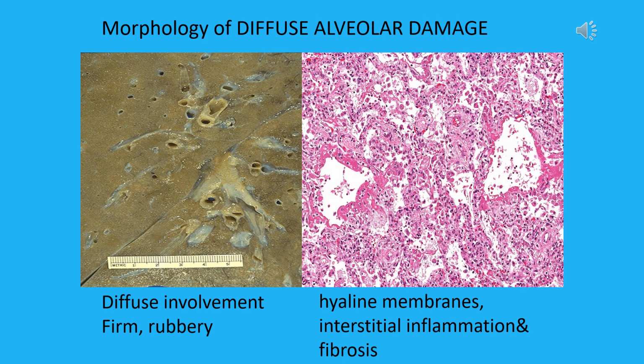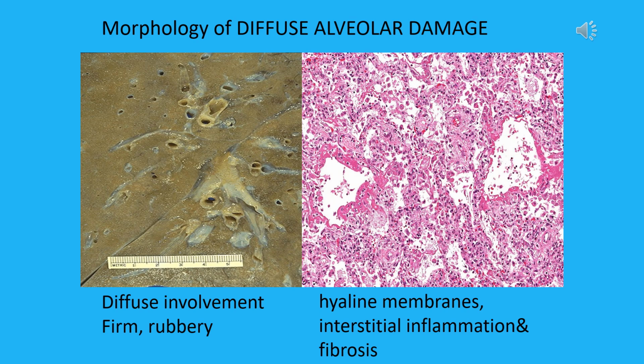This picture shows the gross and histologic features of acute lung injury. Grossly, the lungs show diffuse involvement with a firm, non-crepitant and rubbery consistency. Diffuse alveolar damage is the histologic feature of acute lung injury as a result of the culmination of the disease process.